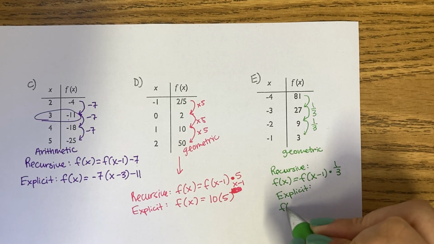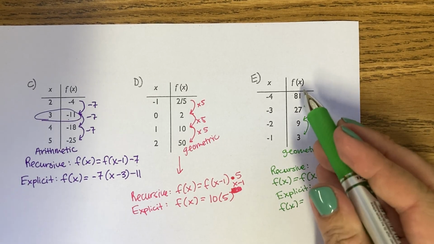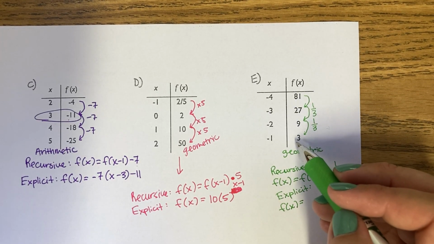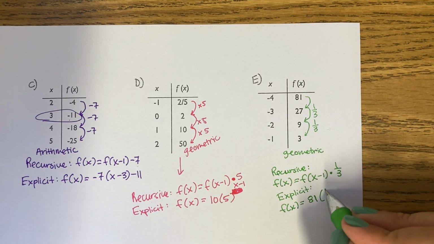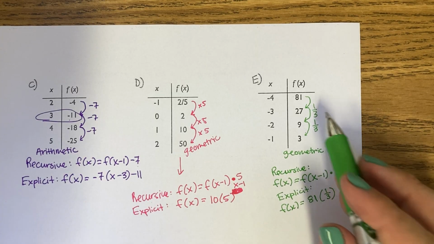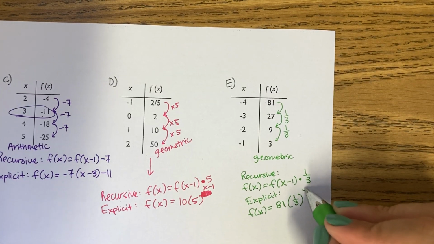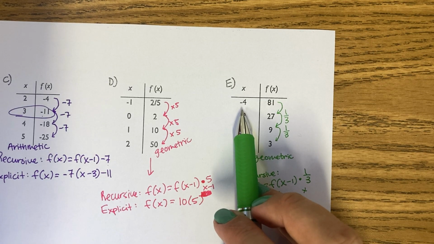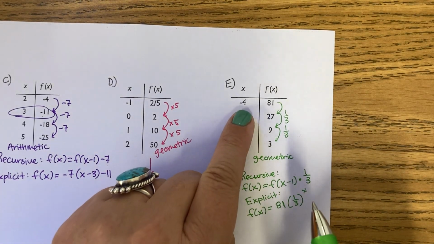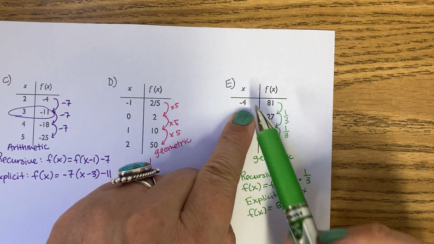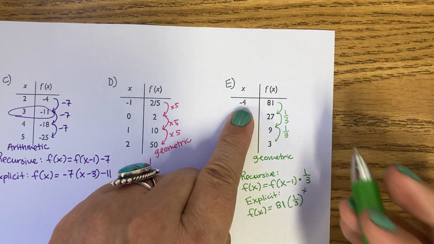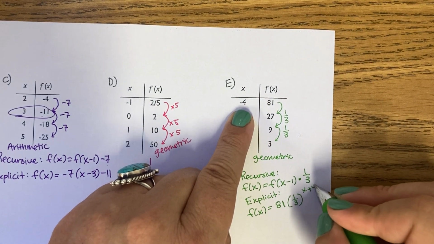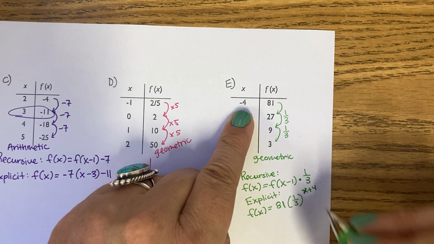Explicit would be f of x equals, I'm going to pick a number to start with. I'm going to start with 81. Times it by my pattern of 1/3. And the power would be x. Ooh, this one's different. This is a good one. Minus 4. So when I reset and align it in my equation, it should be a plus 4, x plus 4.